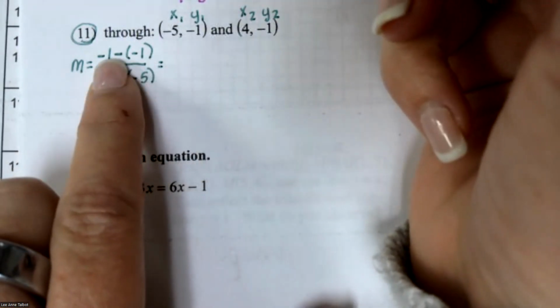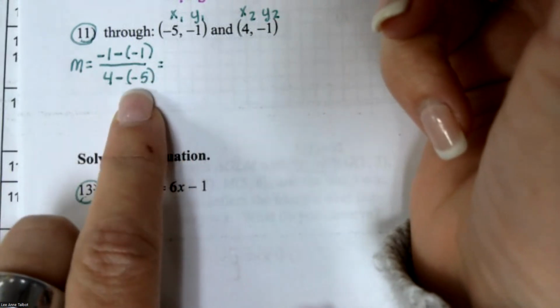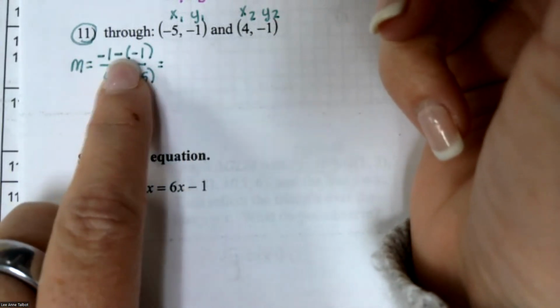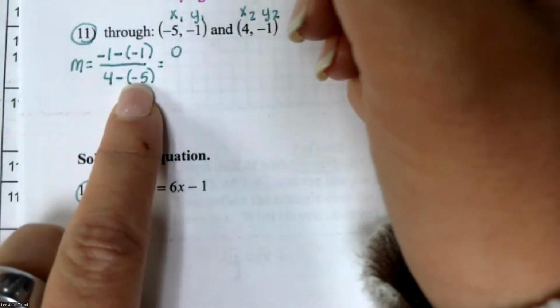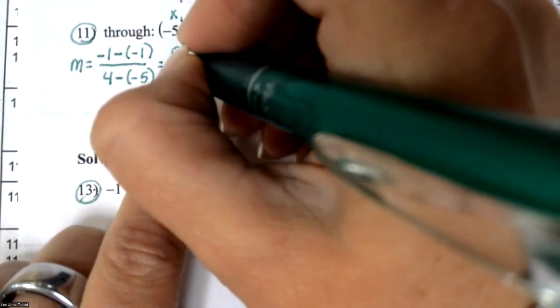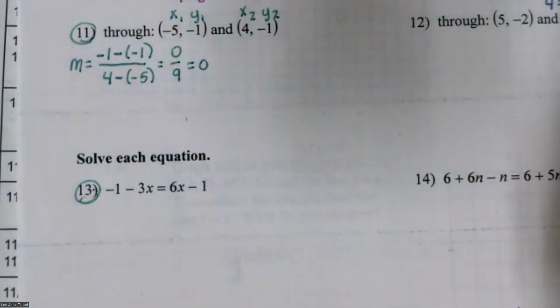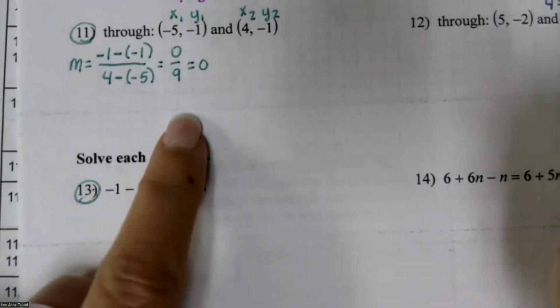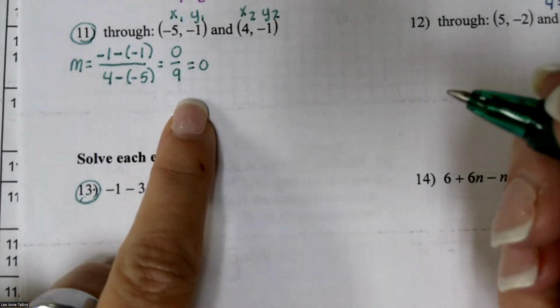So both of these two become plus. This is -1 plus 1, which is 0. And 4 minus -5 is 9. And 0 divided by 9 is 0. Okay, this is something with a 0 slope.